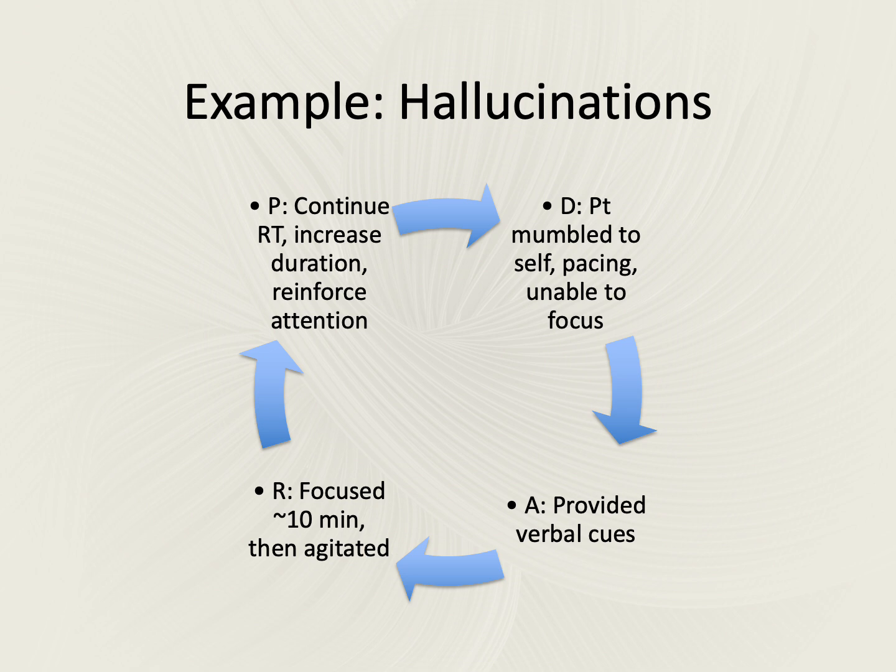Starting with our D, the patient mumbled to self, pacing, unable to focus. The A, you're going to provide the cues. The R, focused more than 10 minutes, then they got agitated. And the P, continue recreation therapy. You're going to increase duration and reinforce attention. So your plan can be as simple as that.